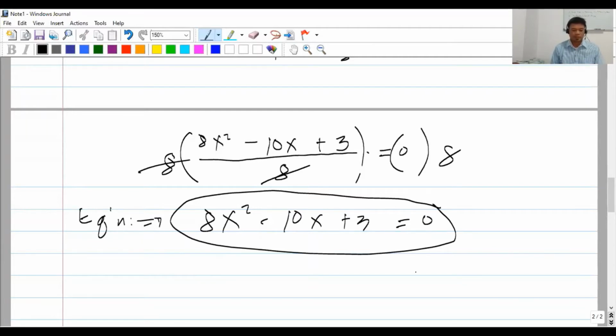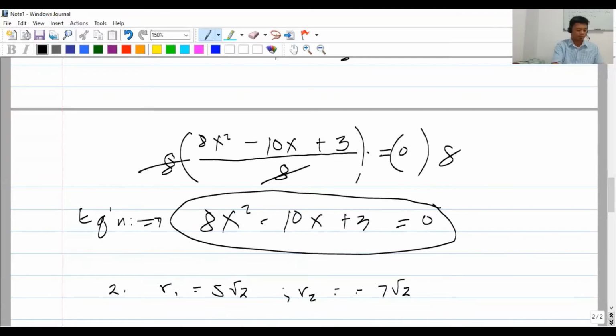So number 2 example. Number 2 is R1 is equal to 5 square root of 2, and R2 is negative 7 square root of 2.